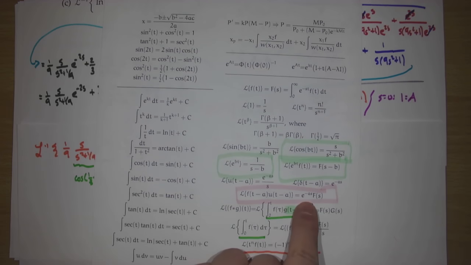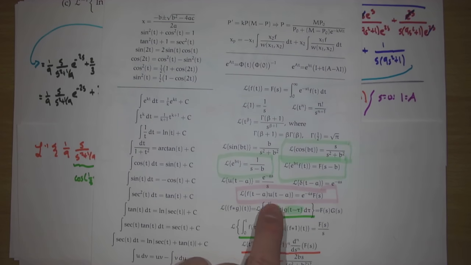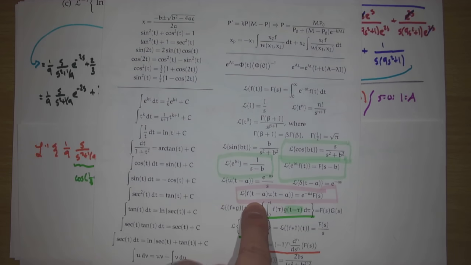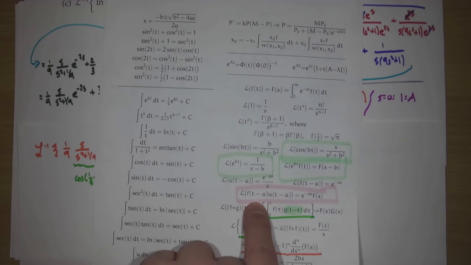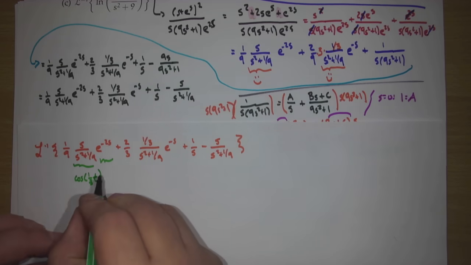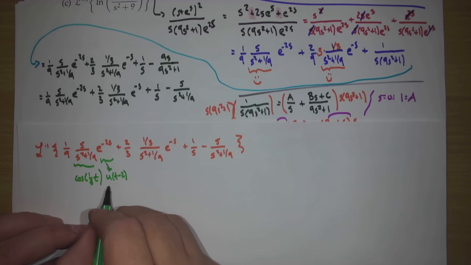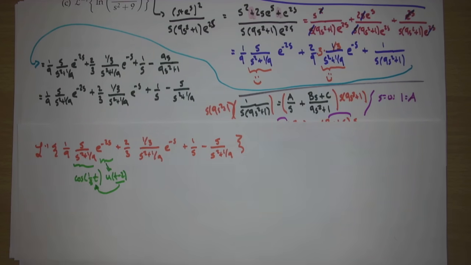So e to the minus a s says you're going to have an on-off occurring at t minus a, and you need to make sure your function also shifts at the same point. All right, so this part here says, oh, we're going to get a u of t minus 2. So we need to make sure that the inside, the cosine, also gets that t minus 2. It's f of t minus a, u of t minus a.